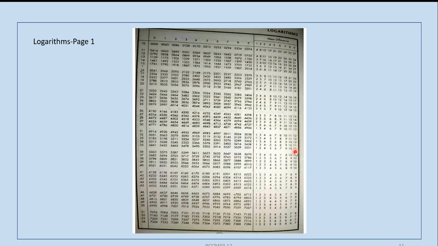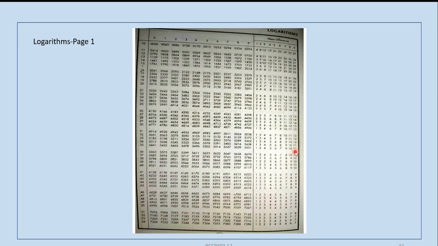That means 3.5550. That is the logarithm of 3589. So in this way, we have to take the logarithm. Suppose you are multiplying two numbers, 3589 and 7955.